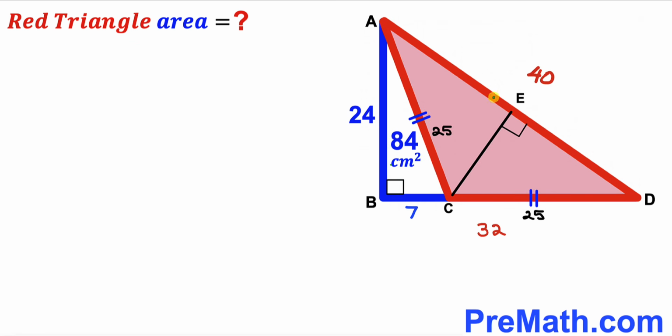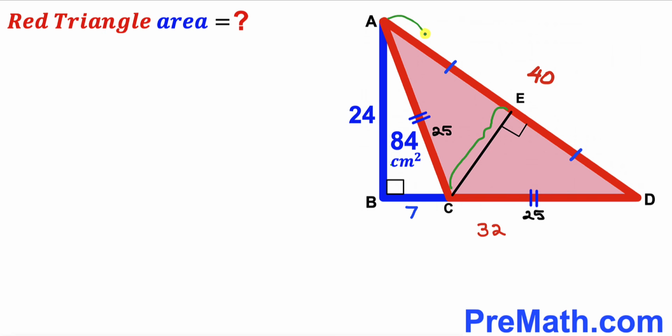In this next step, I have dropped this perpendicular CE on this base AD. Since we are dealing with this red triangle as an isosceles triangle, this perpendicular CE is going to divide this base into two equal parts.